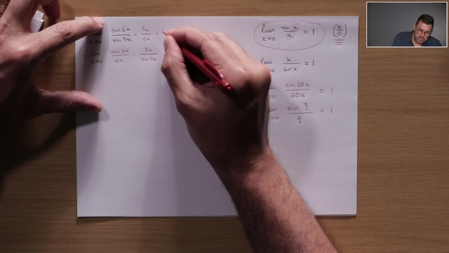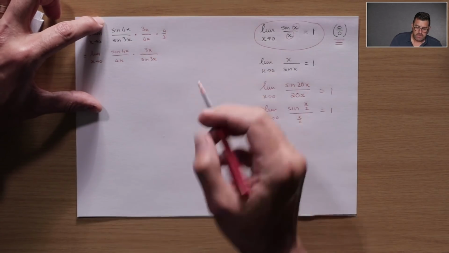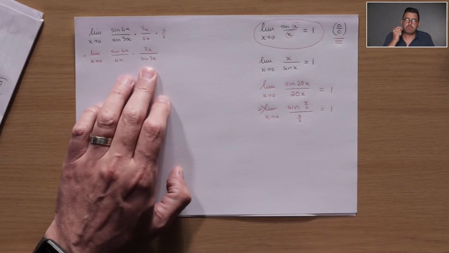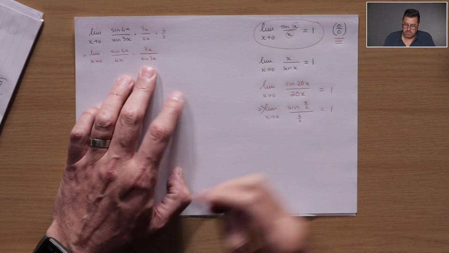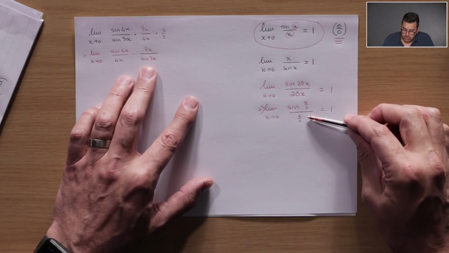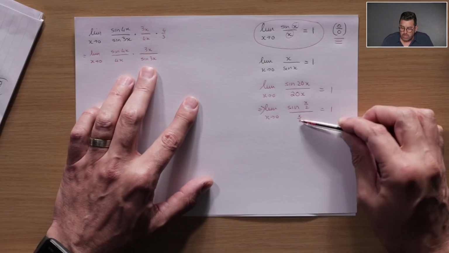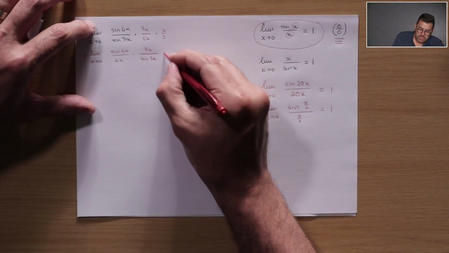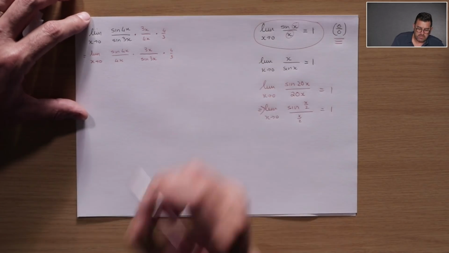So I must still multiply with 4 over 3 so that I undo the 3 over 4. It's deliberate. What I'm doing is a deliberate attempt at creating things that look like my tool that gets rid of this indeterminate. Okay, so the times 4 over 3 tags along.